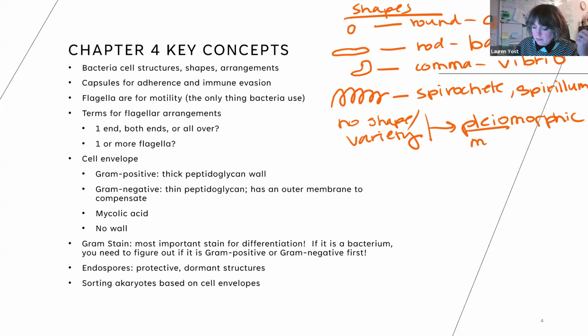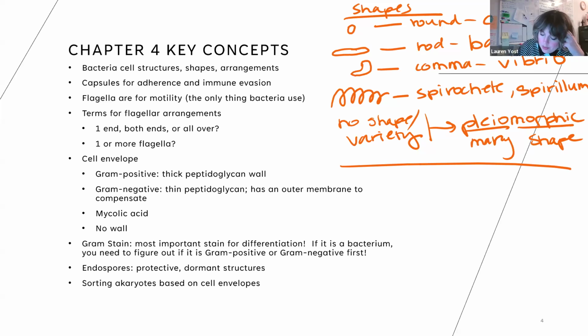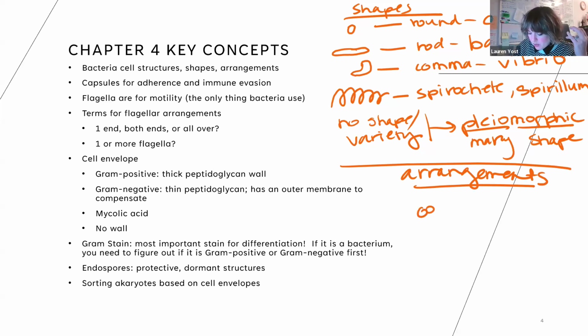Pleo means many. Morph means shape. Okay. So those are our general shapes that our cells can be in. For our arrangements, this could be bunches, irregular bunches, kind of like grape-like clusters.